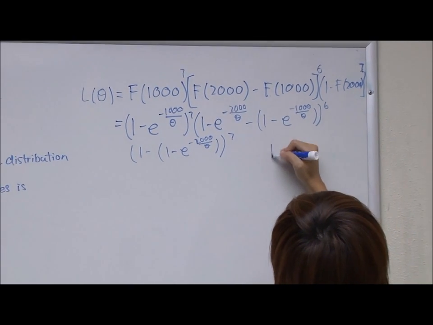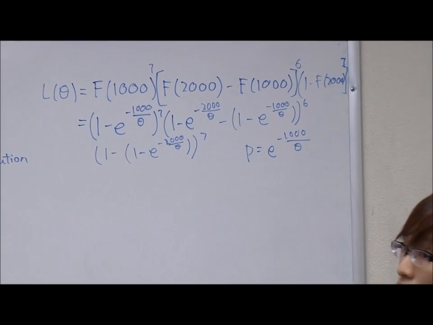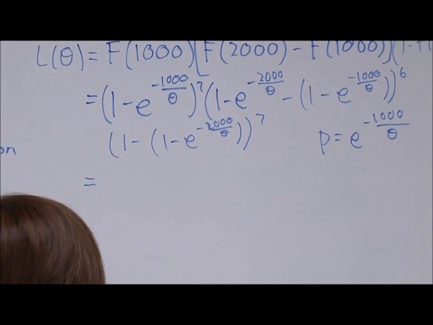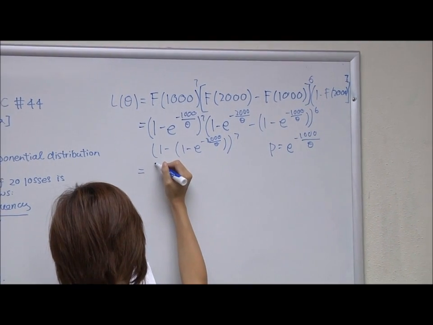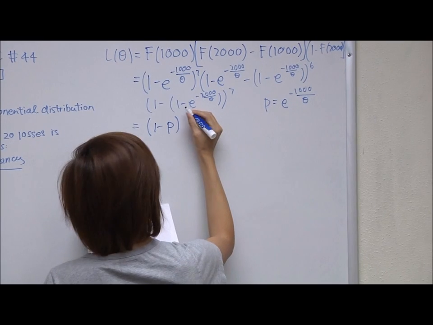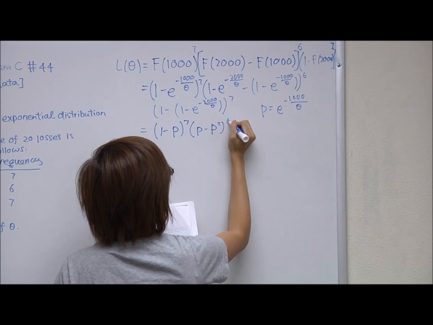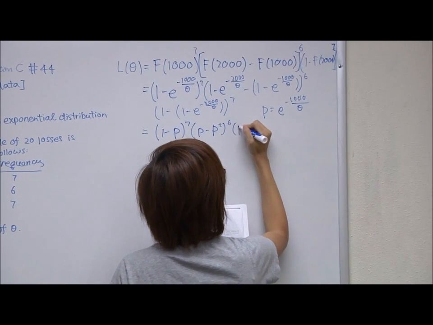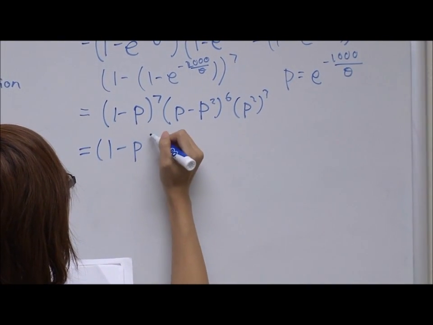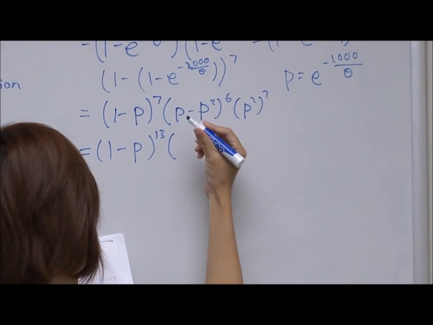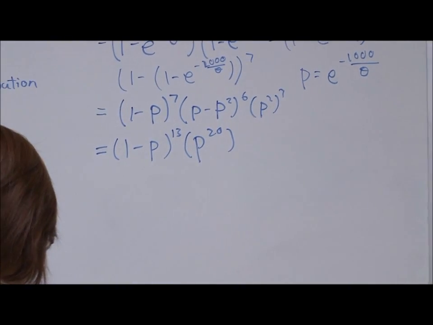So we let P substitute this thing, and then we will get a less complicated equation, and simplifying it, we will get 1 minus P to the 13 and P to the power of 20.